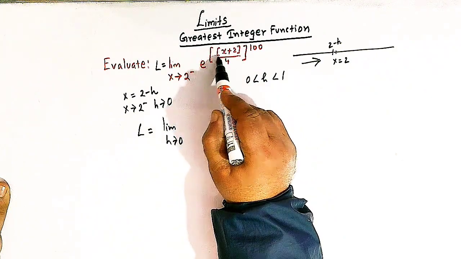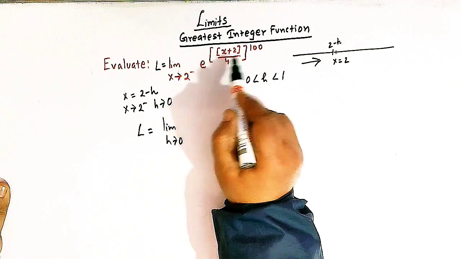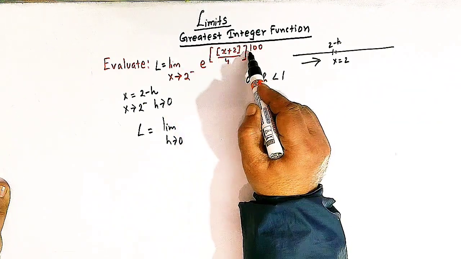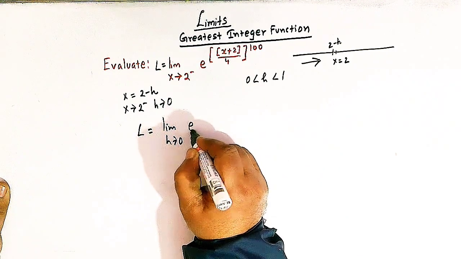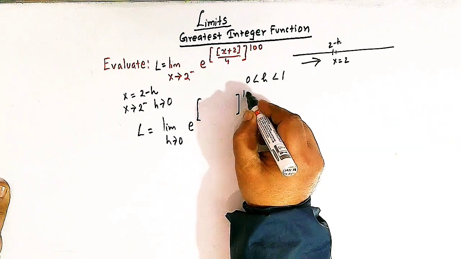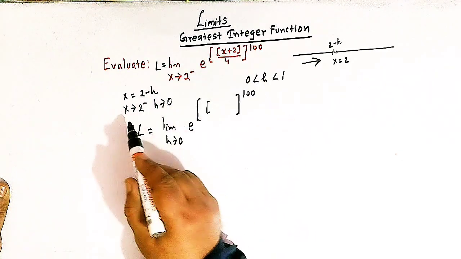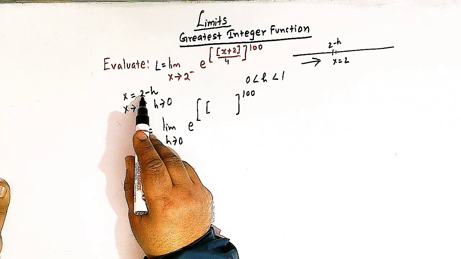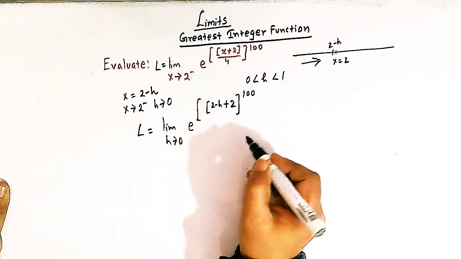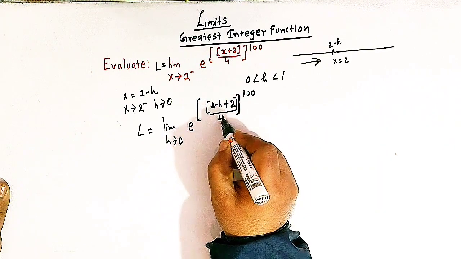So here first we have the greatest integer of x plus 2, then we have the greatest integer of this entire term, right? And then we have the exponent 100. So here we have e raised to the greatest integer function raised to 100, and then we have greatest integer of x plus 2. So x can be taken as 2 minus h. So here we have 2 minus h, then plus 2, and then here we have 4, right?